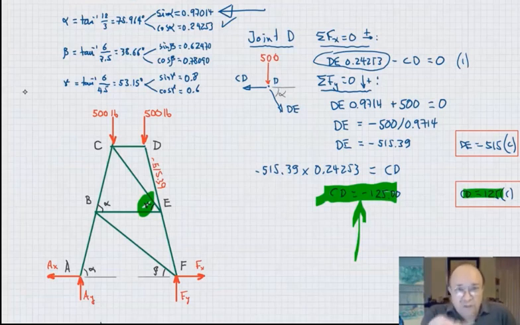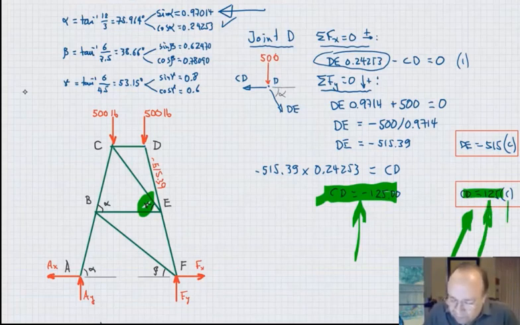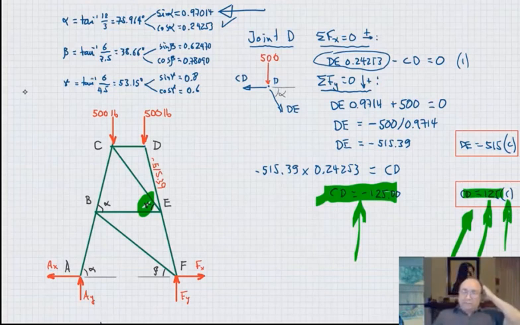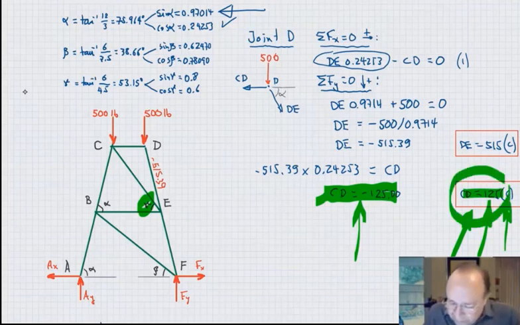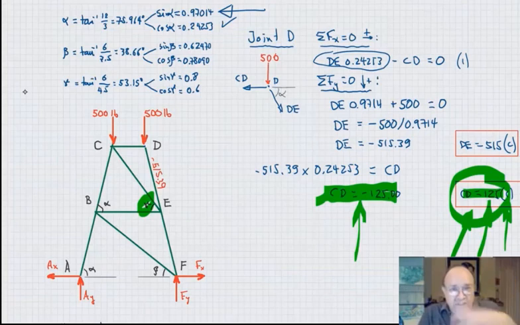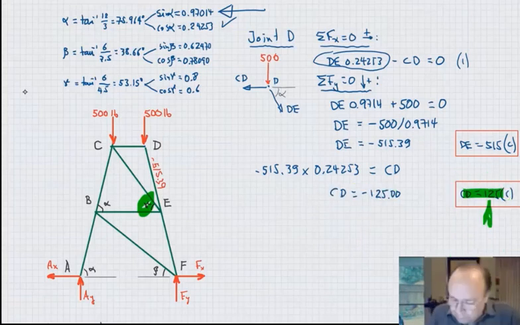So my result for bar CD is a bar that has a force of 125 and is in compression. I put it like that with that C in parentheses, compression, right? So I don't have to put this sign here, right? Because it's not written anywhere that minus is compression and plus is tension. That's my convention that I'm using here for my calculations, but it's not like something that is written on a stone anywhere. Make sense?